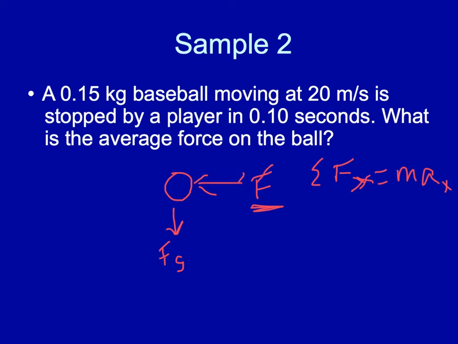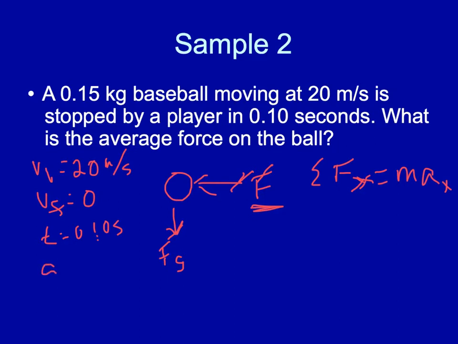Okay, now I treat it like a kinematics problem. Vi is 20, Vf is 0, and that's meters per second. t is 0.10 seconds.